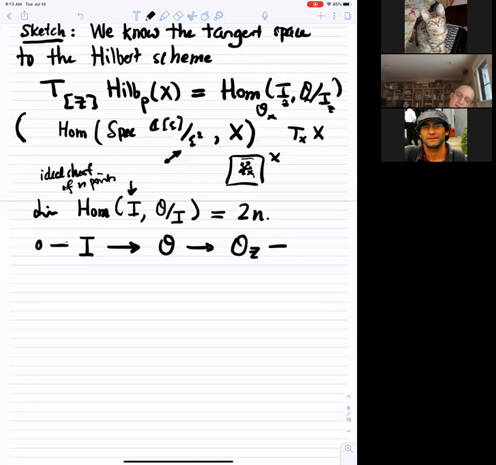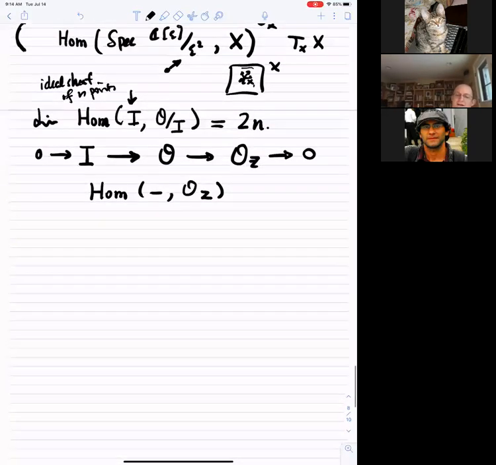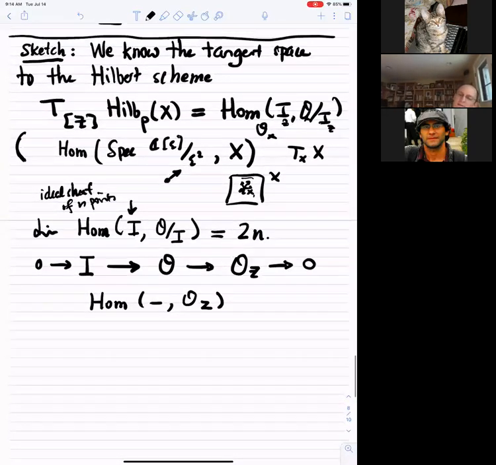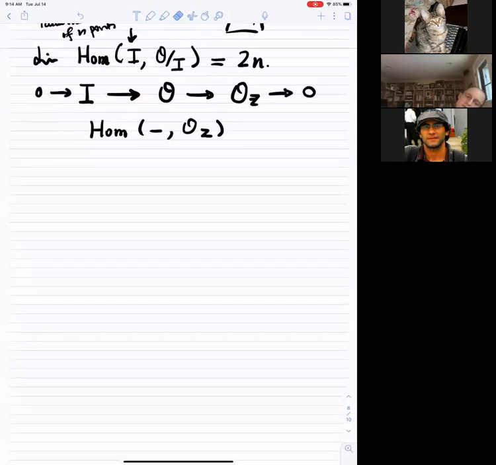What we do is apply Hom(-, O_Z). If you do that, then you have a long exact sequence associated to this.